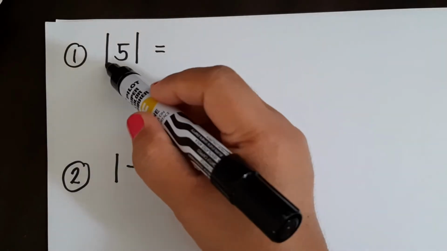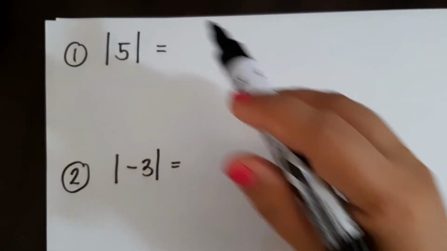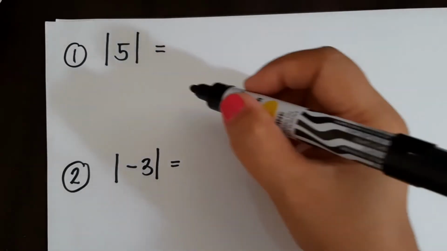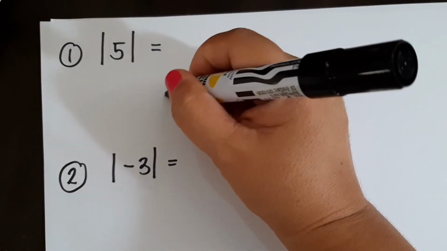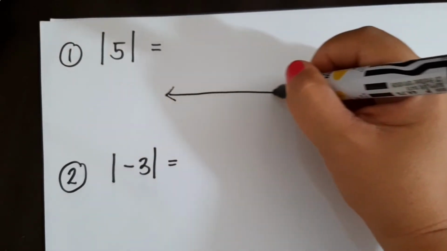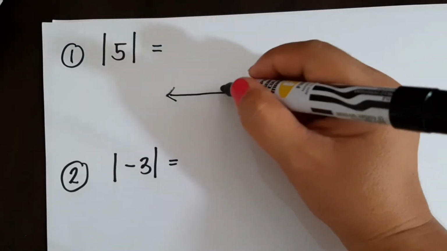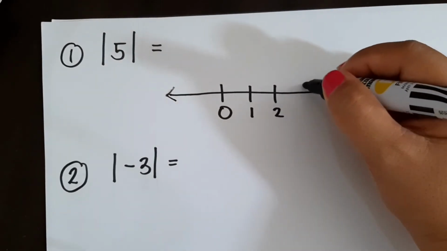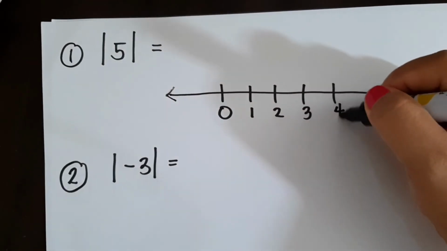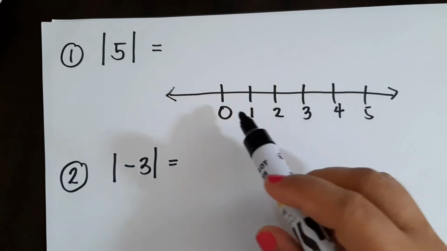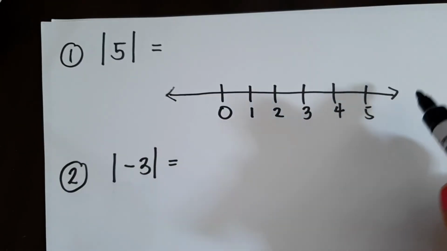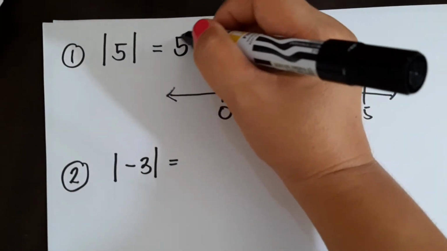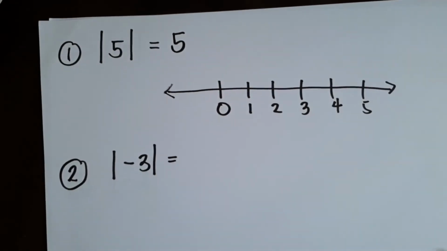So this is the symbol for the absolute value. Okay. So we have the distance from 0 up to 5. So we have 1, 2, 3, 4, 5. So therefore, the answer is positive 5.